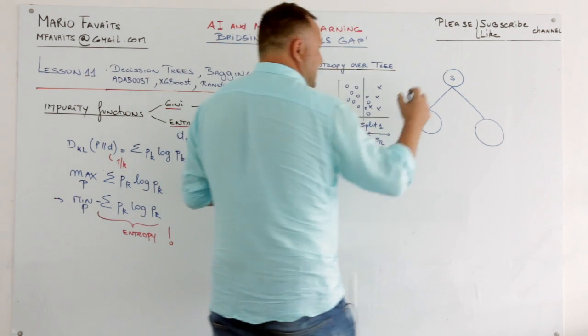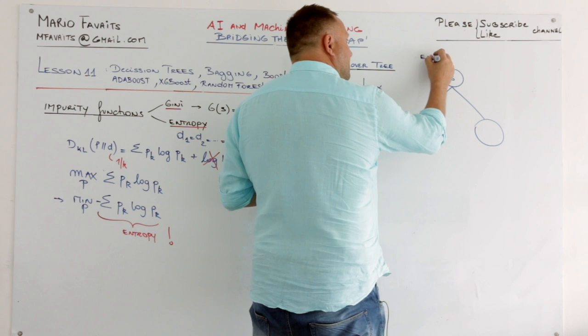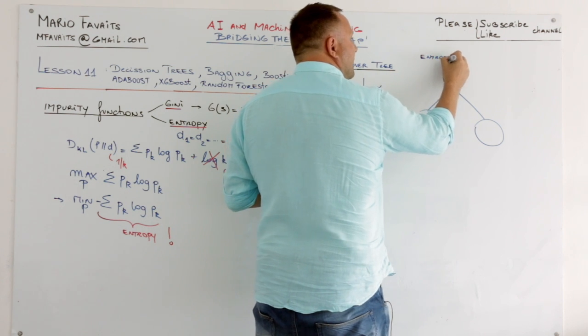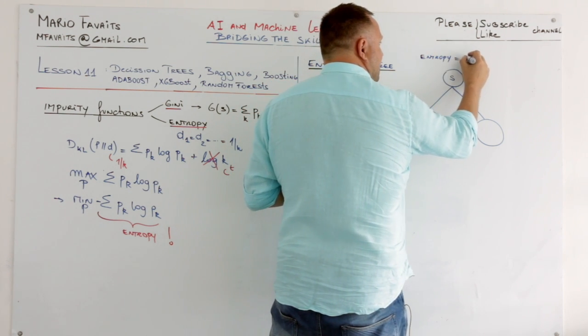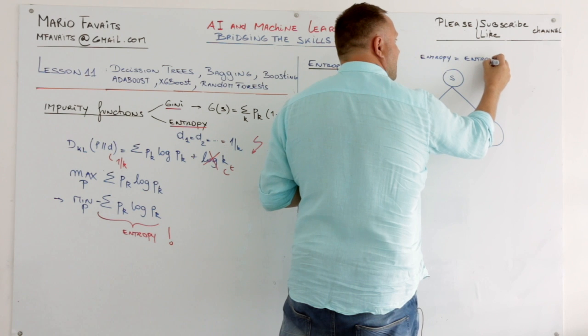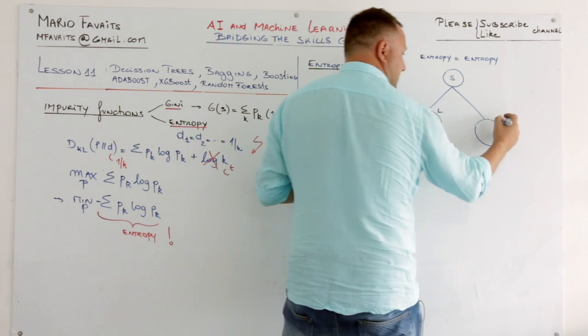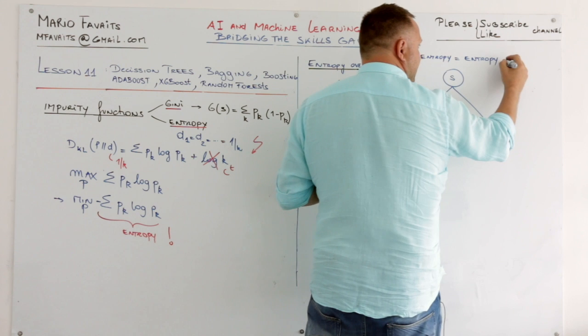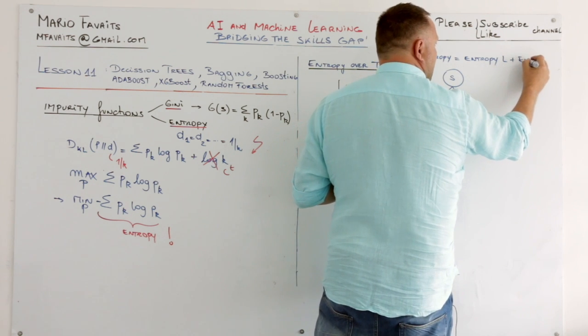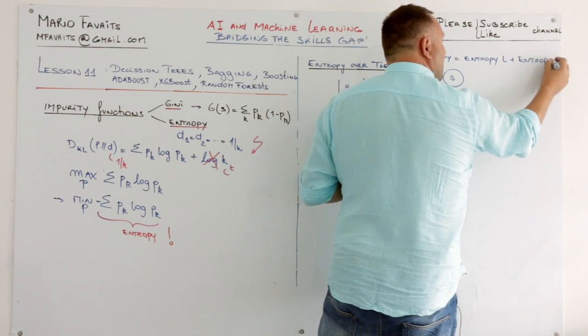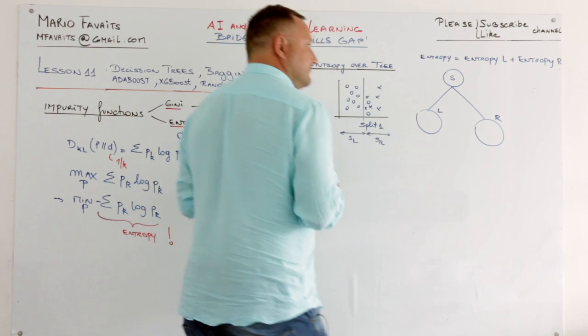And we want to know what the entropy is at tree level. Entropy of a tree is the entropy of the left leaf, plus the entropy over the right leaf.